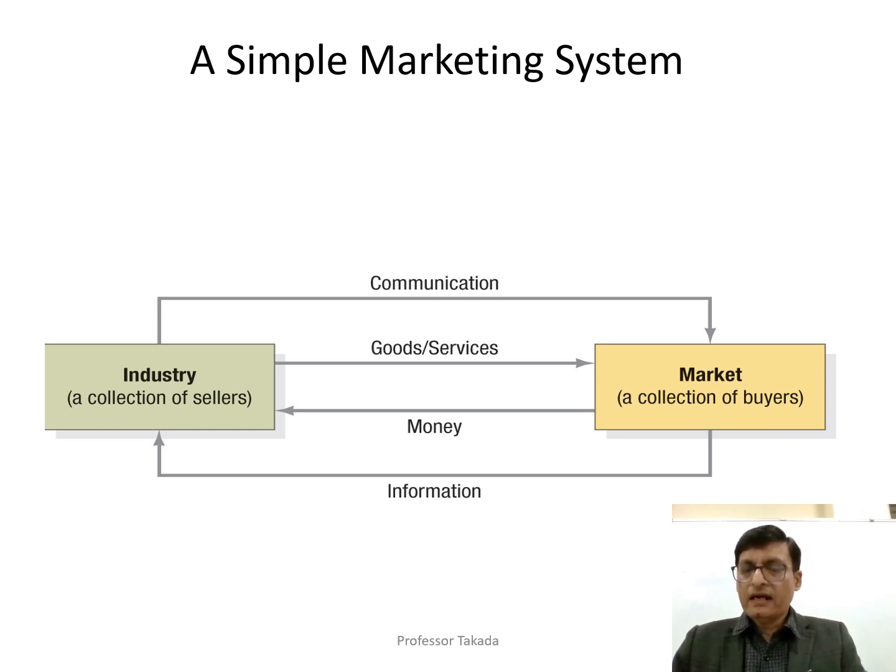So we can say that there are three types of flows in the marketing system: forward flow, backward flow, and flow in both directions. Goods always flow forward, money backward, and information or communication flows in both directions.